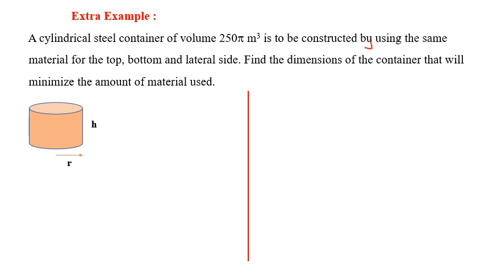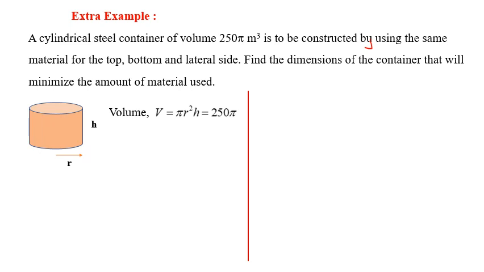So remember the formula for surface area and also volume of a cylinder from your secondary school. The volume is pi r squared h, already given, and the value is 250 pi.